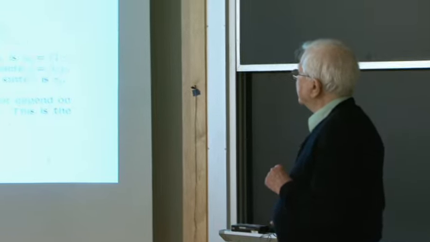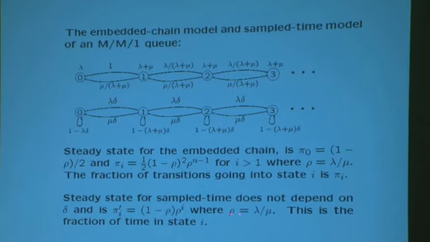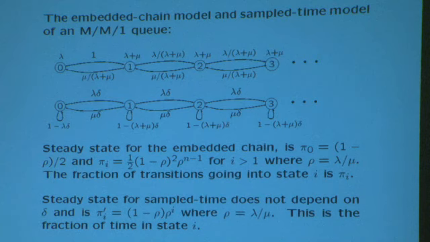However, the embedded chain probabilities and these probabilities down here are not the same. What's the difference between them? For the embedded chain, what you're talking about is the ratio of transitions that go from one state to another state.